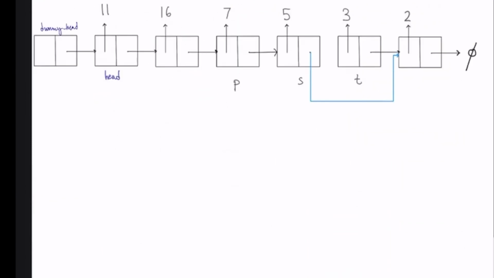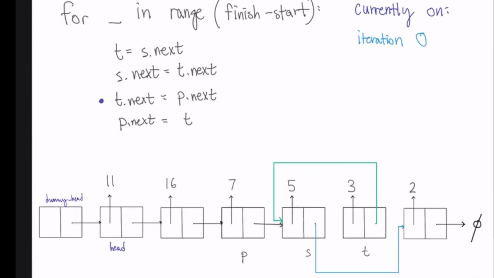Now that we've done that, we can go to the next line, which says t.next is equal to p.next. And t.next is this node in this second block. And instead of t.next pointing to this node, we are moving it so that it's now pointing to the node that is defined by s, specifically the node that p.next is pointing to.